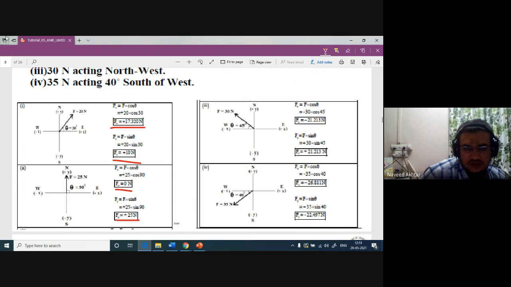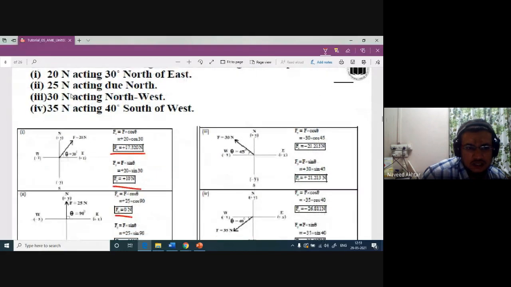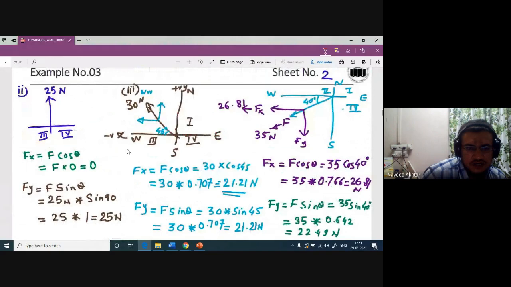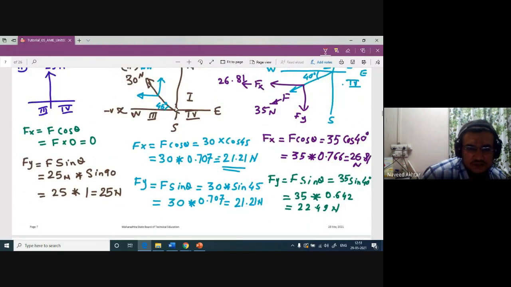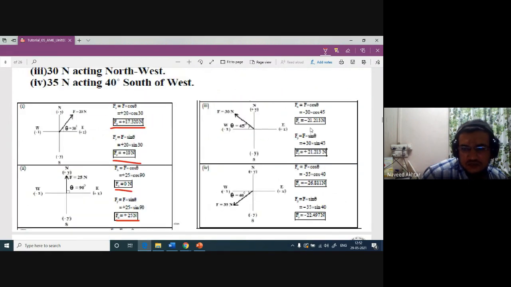If you come to the third example, it is in the second quadrant, negative x and positive y. So fx is minus 21.21 and fy is plus 21.21. You will see here also it's minus 21.21 and plus 21.21, matching with our result.